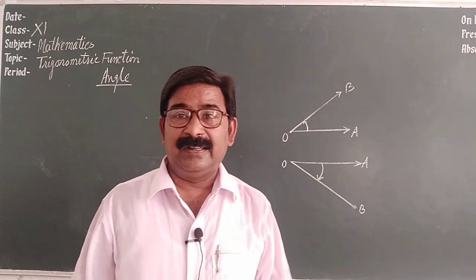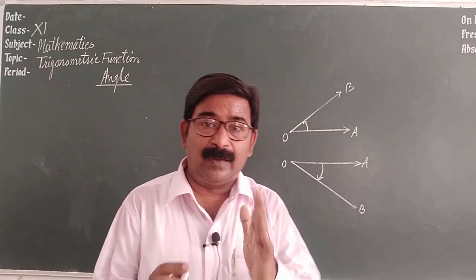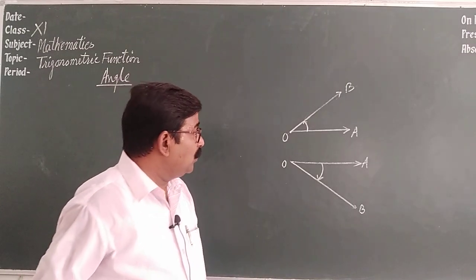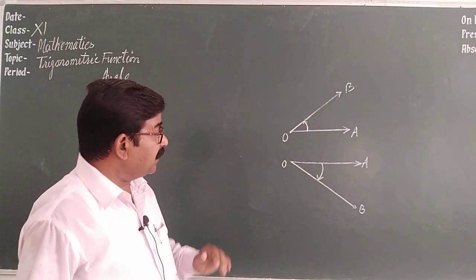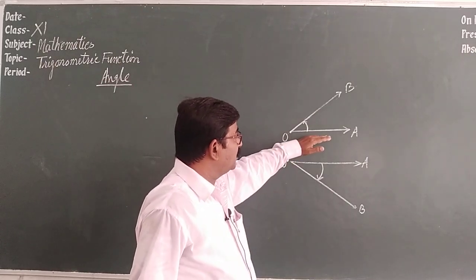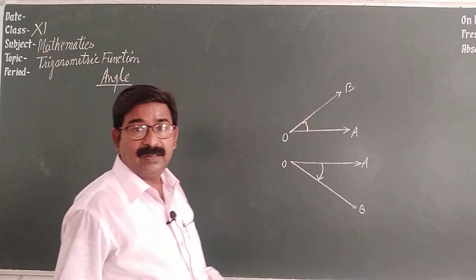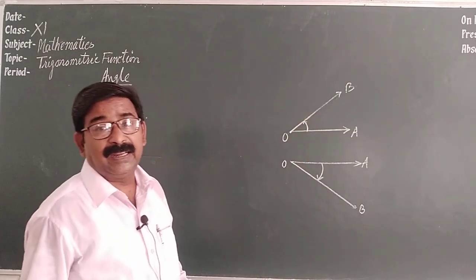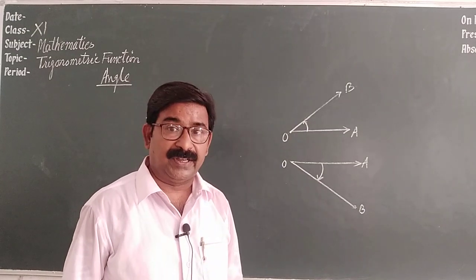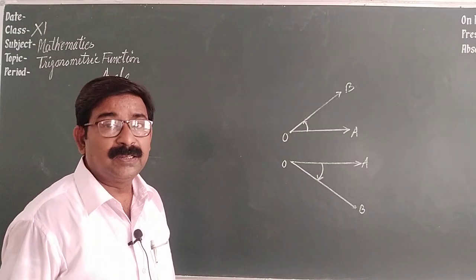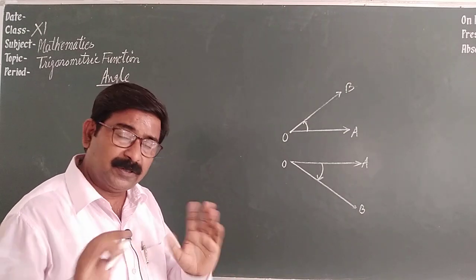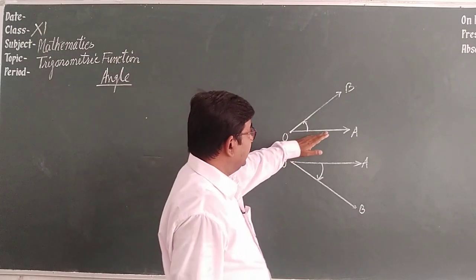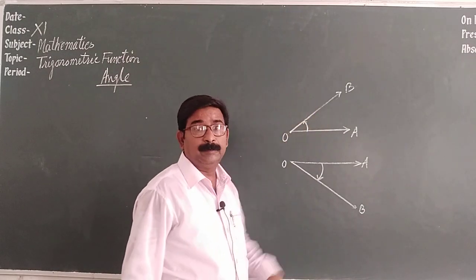What is the difference in terminating clockwise or anti-clockwise? Try to understand. When a ray terminates anti-clockwise, the angle formed is positive. Its magnitude is always positive, so the angle is considered a positive angle.